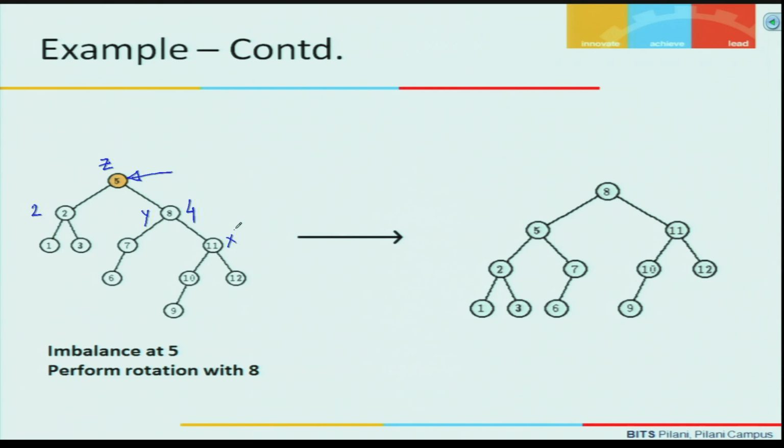So, once you have identified z, y, x, we are going to try to relabel them using A, B, C, such that A would have preceded B and B would have preceded C in the in order traversal of the tree.